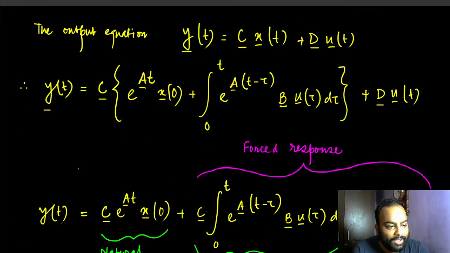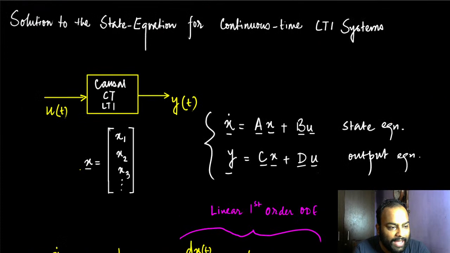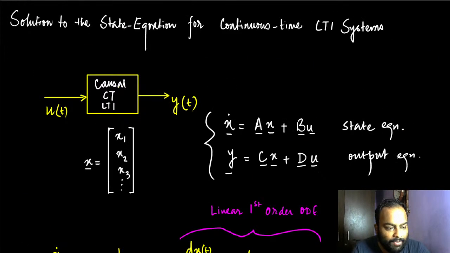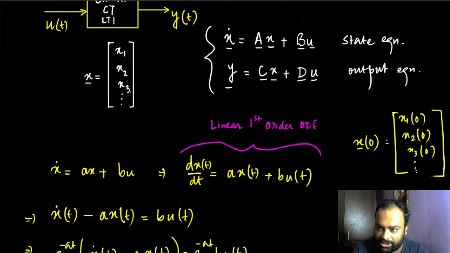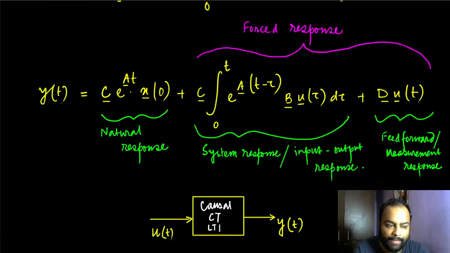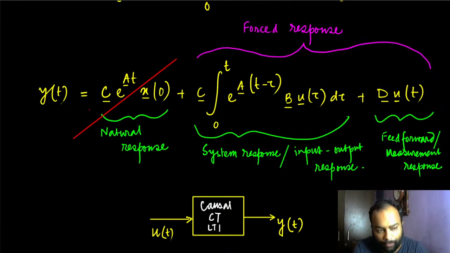Now, notice very carefully that this differential equation, this system, was causal, continuous time, linear time invariant. We could use the transfer function approach. The only thing that we would lose by doing the transfer function approach is this natural response part, because in the transfer function approach we assume zero initial conditions.